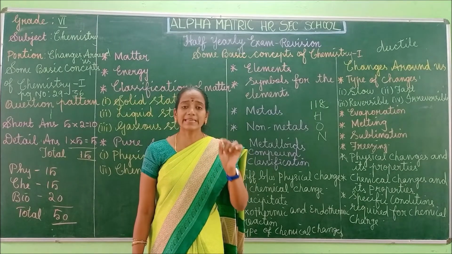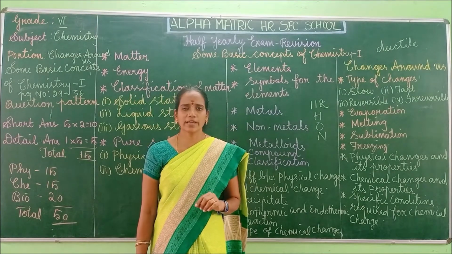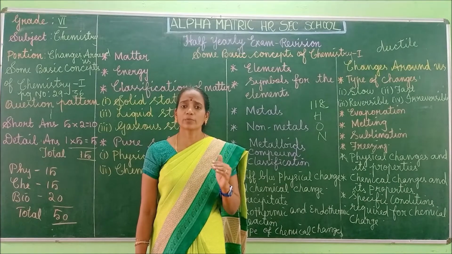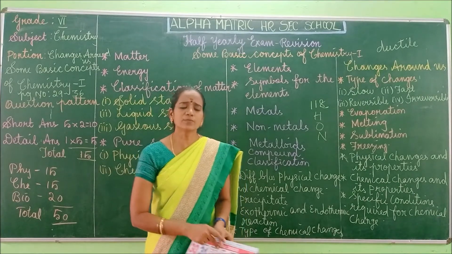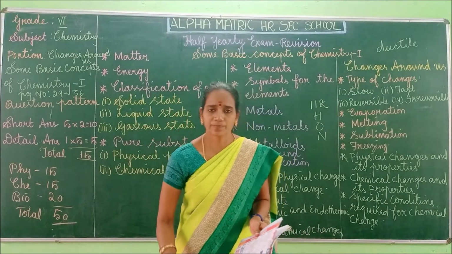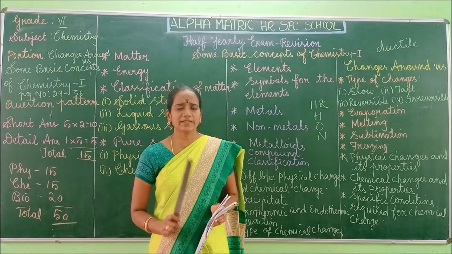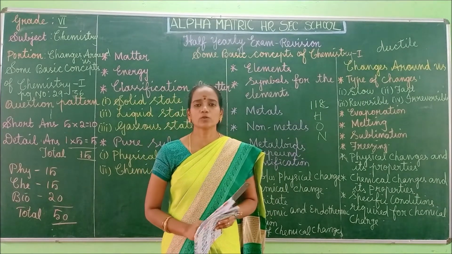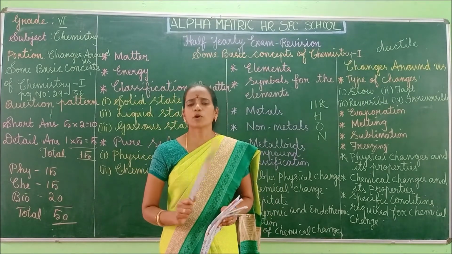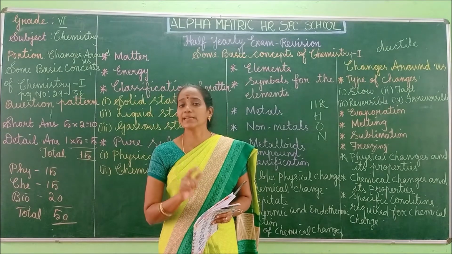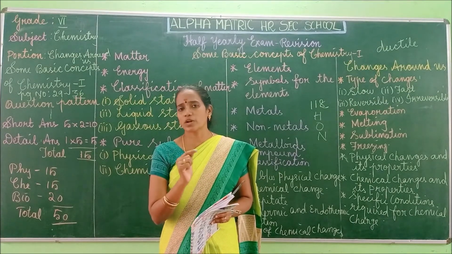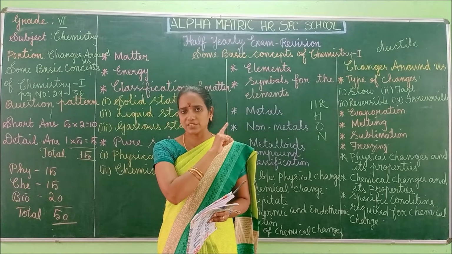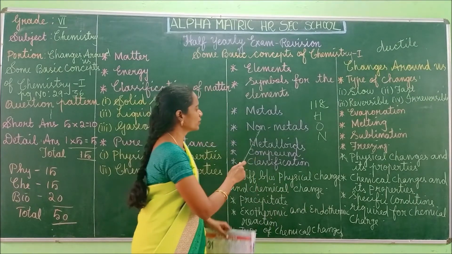Metals conduct heat and electricity. Also, metals produce a sound when struck, isn't it? This property is mainly used in making temple bells. This is also one of the properties of metals. Okay, next we can move to non-metals.